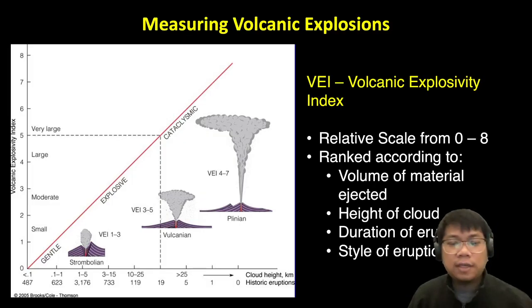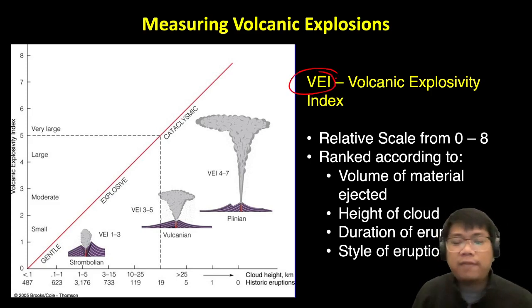To measure how big the explosions associated with volcanoes are, especially stratovolcanoes, we use a special index called the volcanic explosivity index, or VEI. VEI goes from 0 to 8, and volcanic eruptions are ranked according to four main elements.